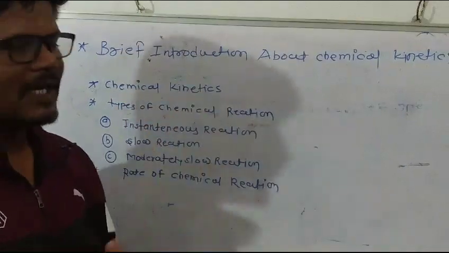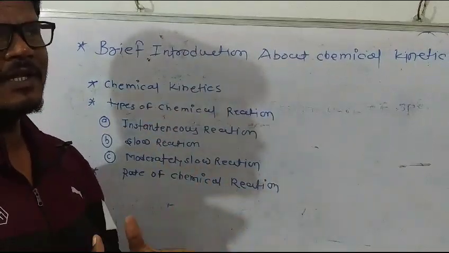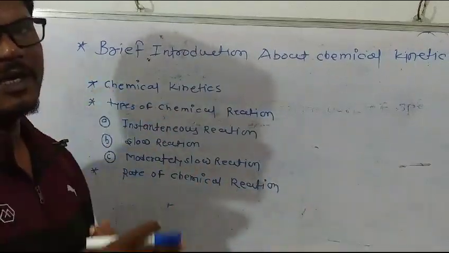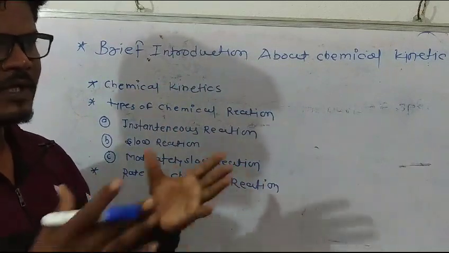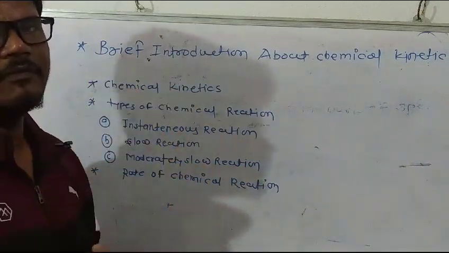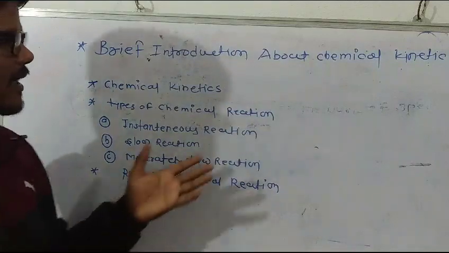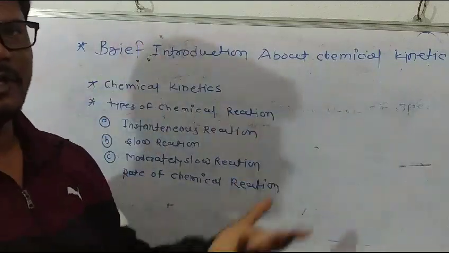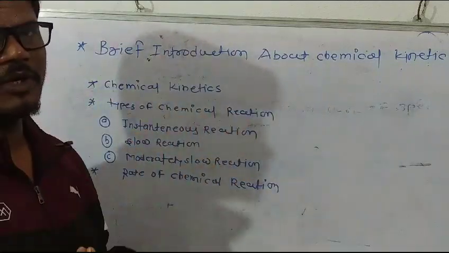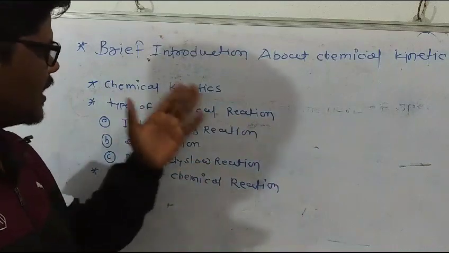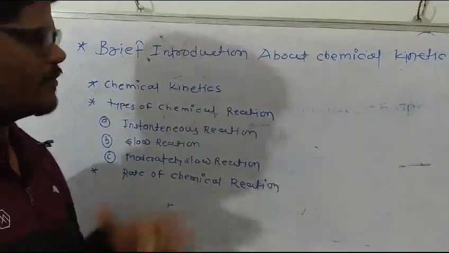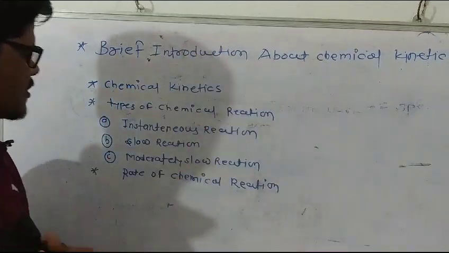So chemical kinetics is the branch where the speed of chemical reactions is understood, and which factors affect the rate of chemical reaction is studied.